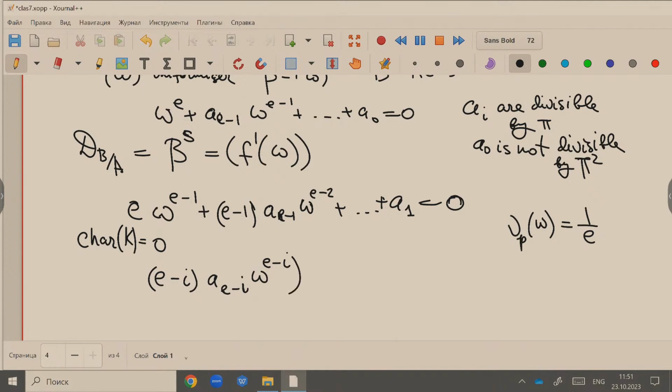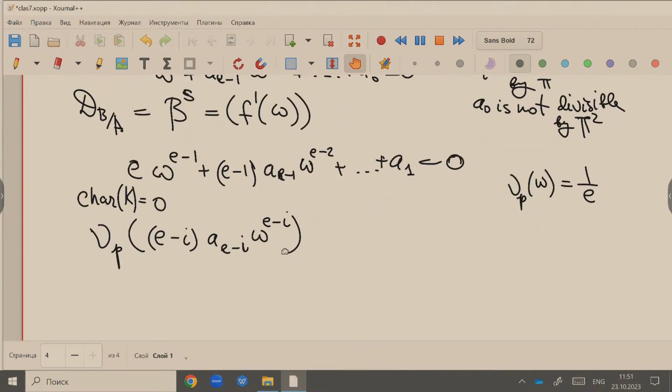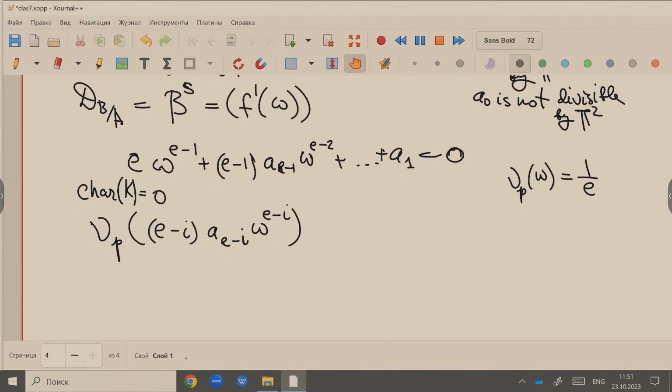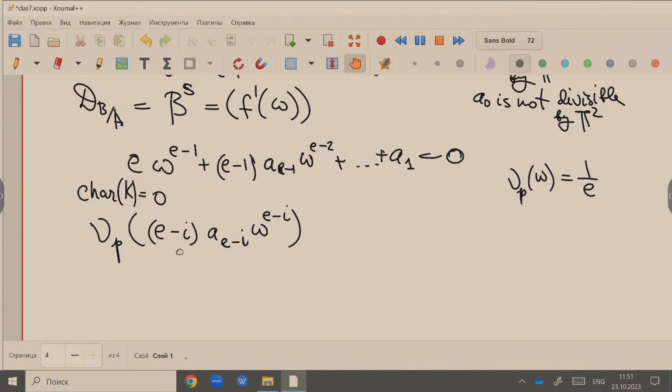If you take the valuation with respect to p, you have to understand the following.